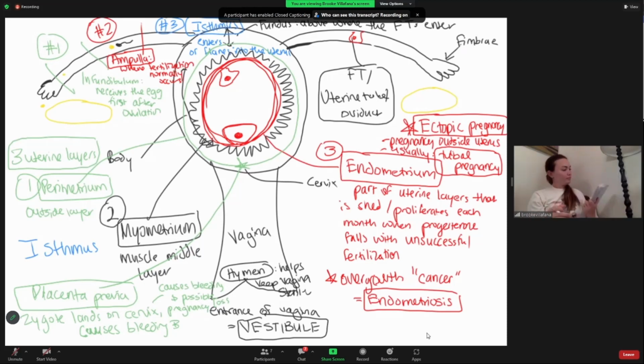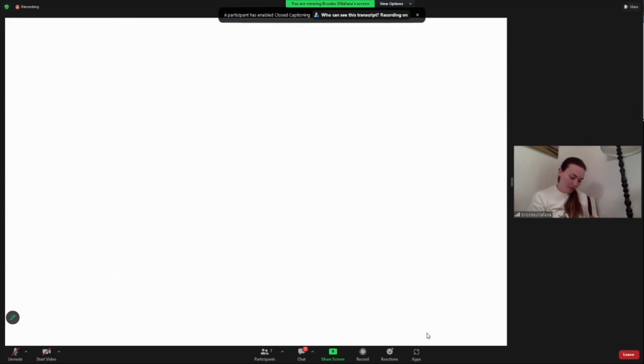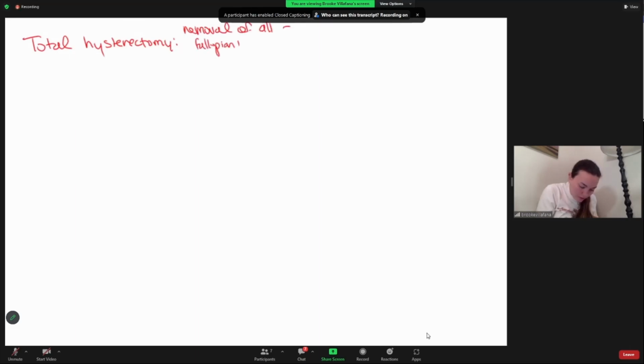A hysterectomy would remove the fallopian tubes. Sometimes this can remove part, which is called a partial hysterectomy, or the fallopian tubes, the ovary, and the uterus, which is a total hysterectomy. I guess I will make a page for this. I was trying to figure out if I should or not. So a total hysterectomy would be the removal of all the female organs: the fallopian tubes, uterus, and the ovaries.